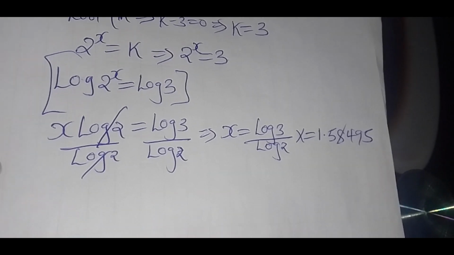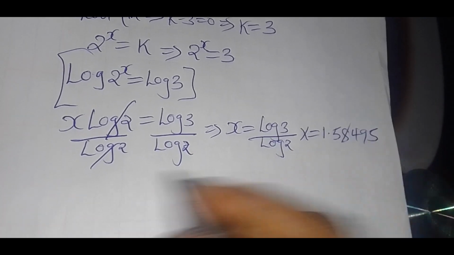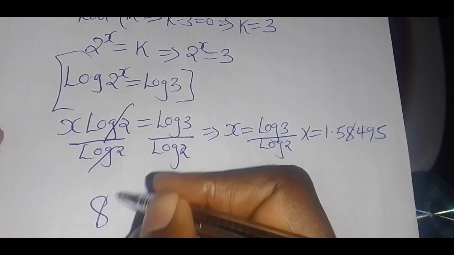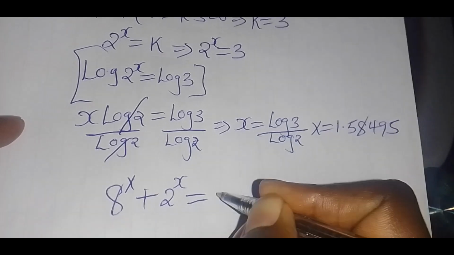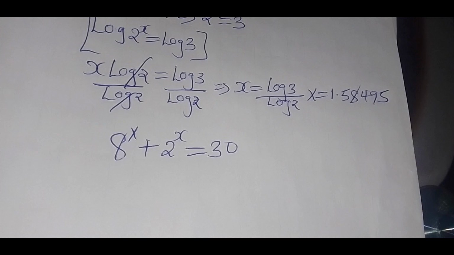Okay, and then from there we are going to do a check from our original question. Remember, our original question was 8 raised to power x plus 2 raised to power x is equal to 30. So we want to prove if this is true.